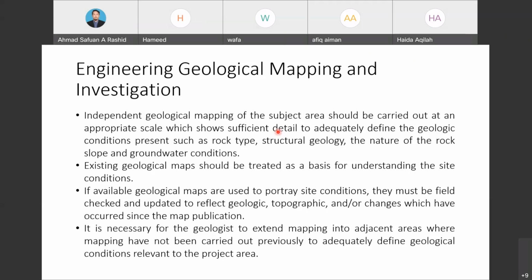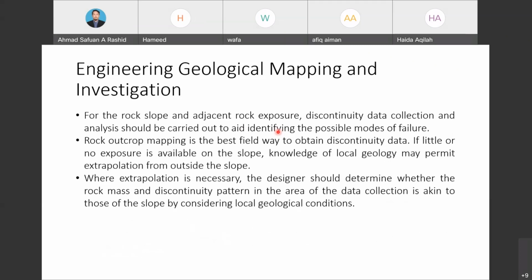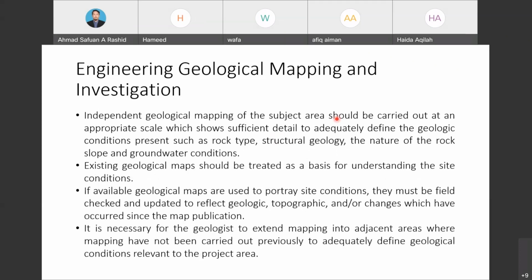Okay, so you can just read this paragraph later on. Okay, for the rock and adjacent soil. Okay, discontinuity data collection and rock. Okay, so this is the explanation on the discontinuity. Okay, while for the first one is based on the map for the whole area.